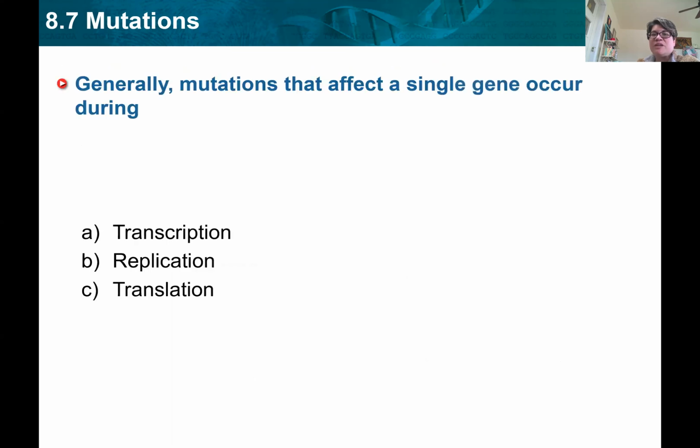Okay, generally mutations that affect a single gene occur during what? When do these mistakes occur? If it's just a single gene. So that's usually going to happen in replication, and we make a mistake that the DNA polymerase doesn't catch.